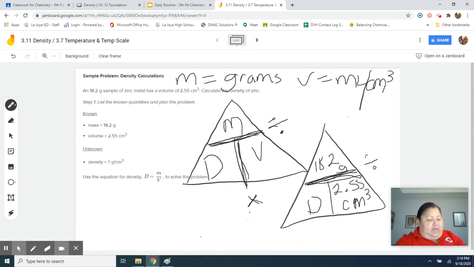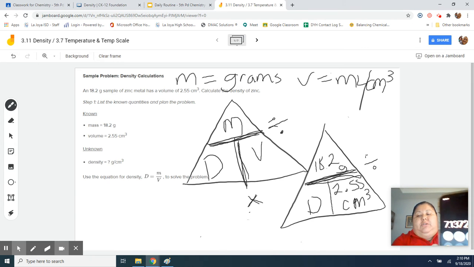So this is where we take out our calculator and zero it out first. We're going to punch in 18.2, hit divide, and put in 2.55. The top number is the number that you punch in first.